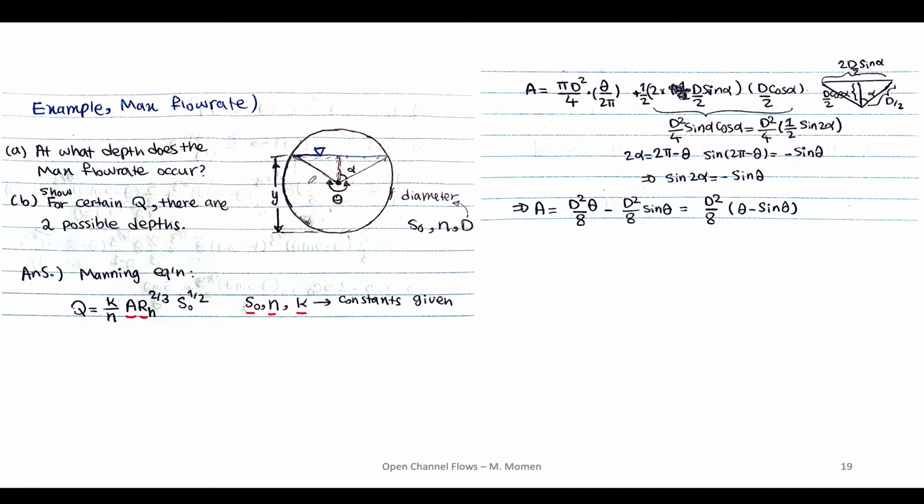So the area is going to be the sum of two sections. One is this triangle here, which I'm showing here, and I will show you how you can get the area of that. And the second one is this slice here, like a pie slice here, with theta degree.